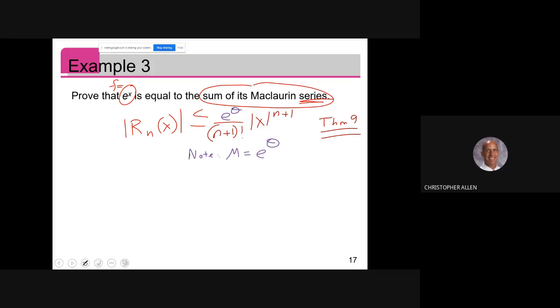Okay, so I'll call this step 1. Now, step 2.